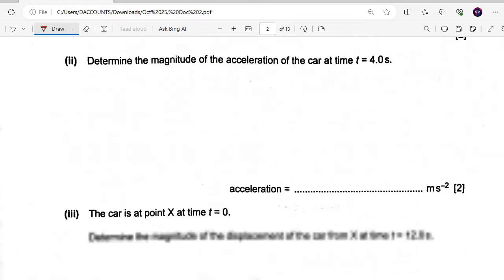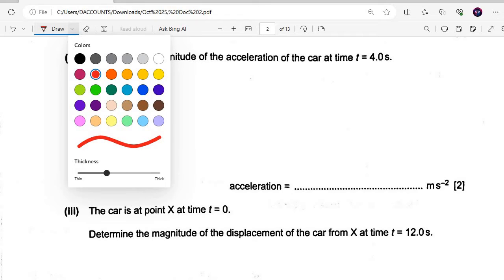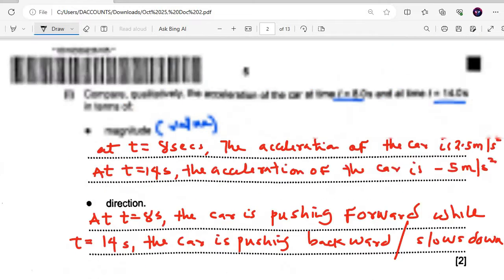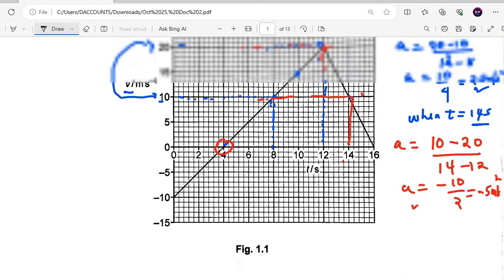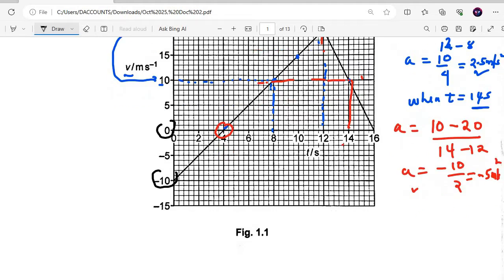Let's confirm it. Acceleration is change in velocity over change in time. At t equal to 4 seconds, since the car is accelerating, at 4 seconds we have 0, and where it's coming from is -10.